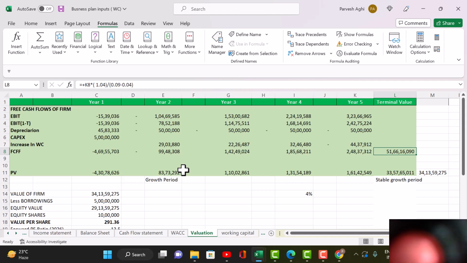The formula here is basically, terminal value का formula क्या होता है? It is something called terminal value, TV, which is basically the cash flow into 1 plus growth, divided by WACC minus growth. So this is called the terminal value.